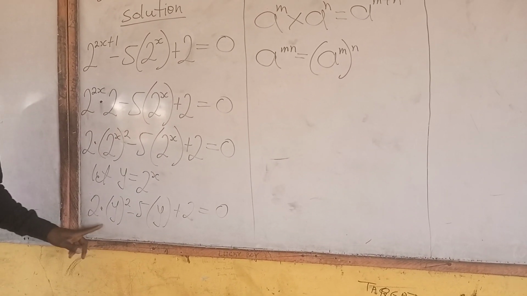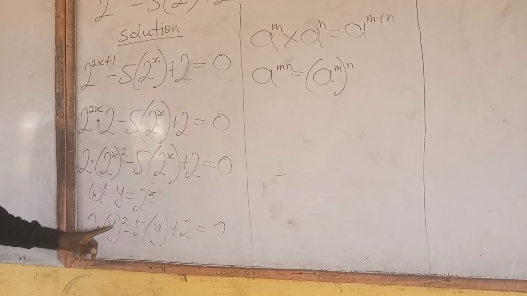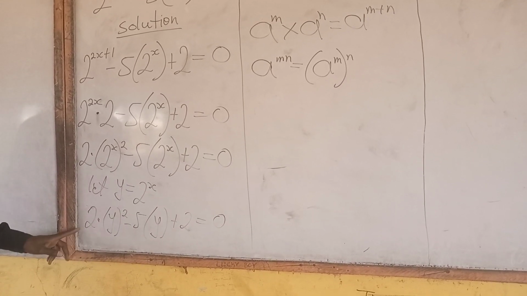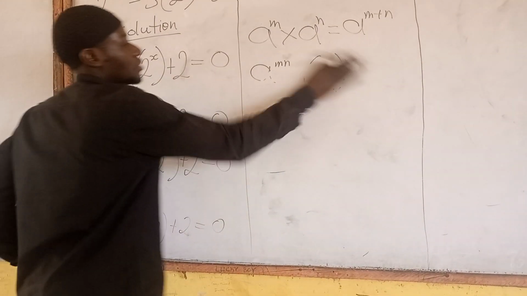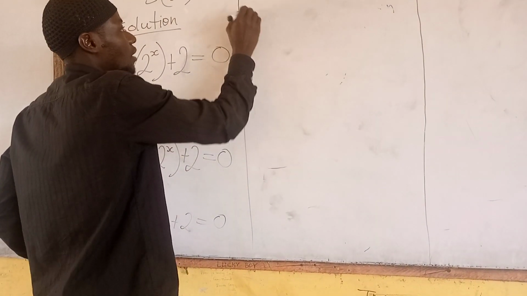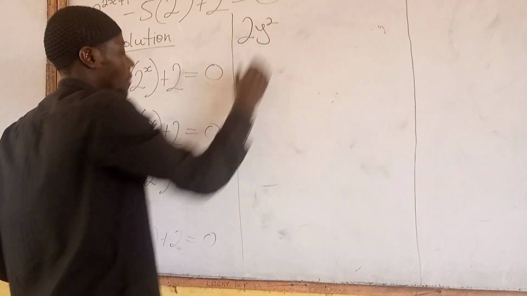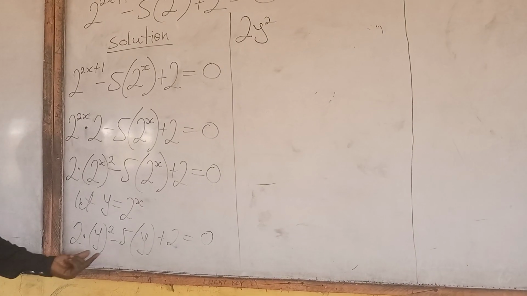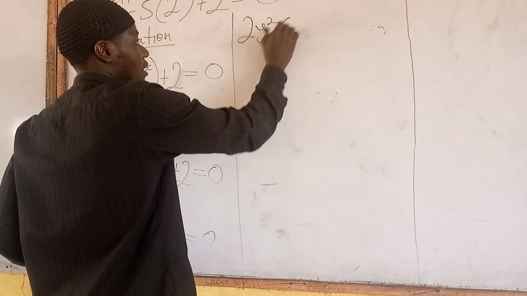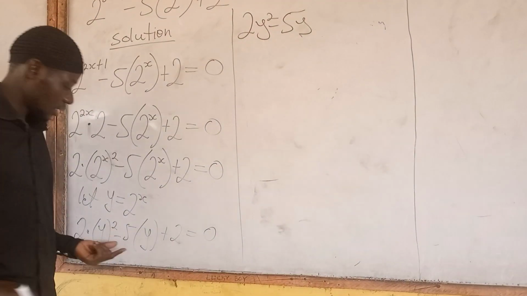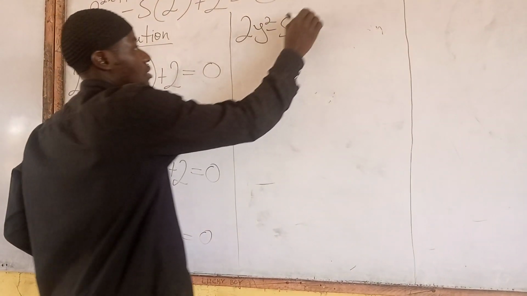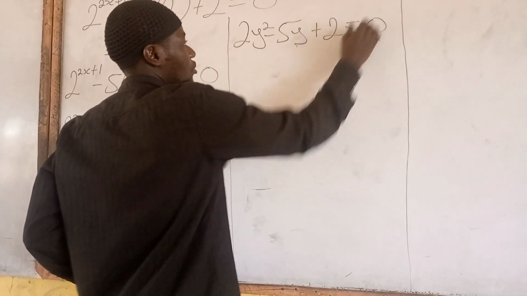At this stage, you simplify. So 2 times y squared will give us 2y squared minus 5y plus 2 is equal to 0.